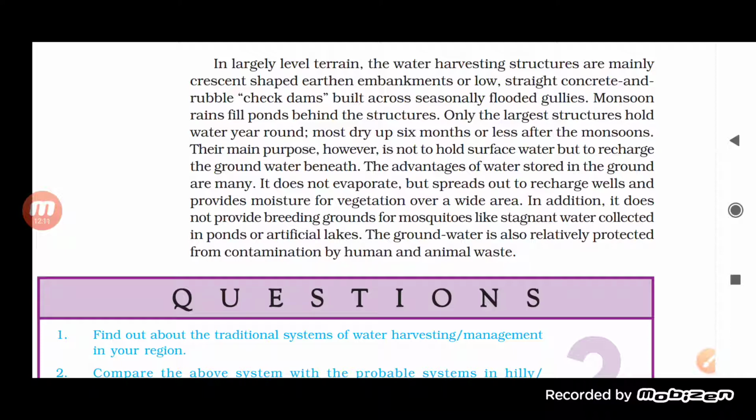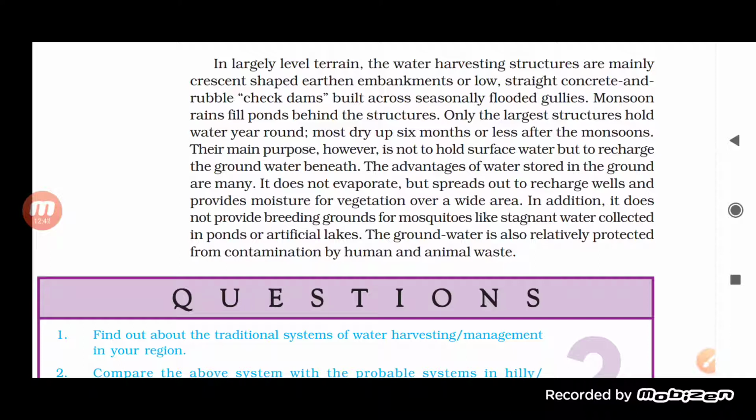It does not provide a breeding ground for mosquitoes like stagnant water collected in a pond. Yes, if the water is collected on the surface, it will be a cause for the breeding of mosquitoes, and that will cause serious disease to us. But if it is groundwater, there will be no such problem faced by the people. The groundwater is also relatively protected from contamination by human and animal waste.